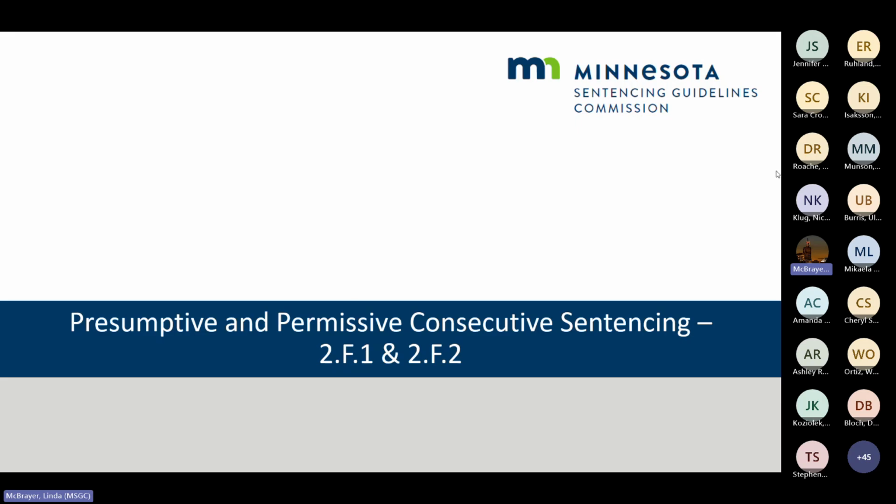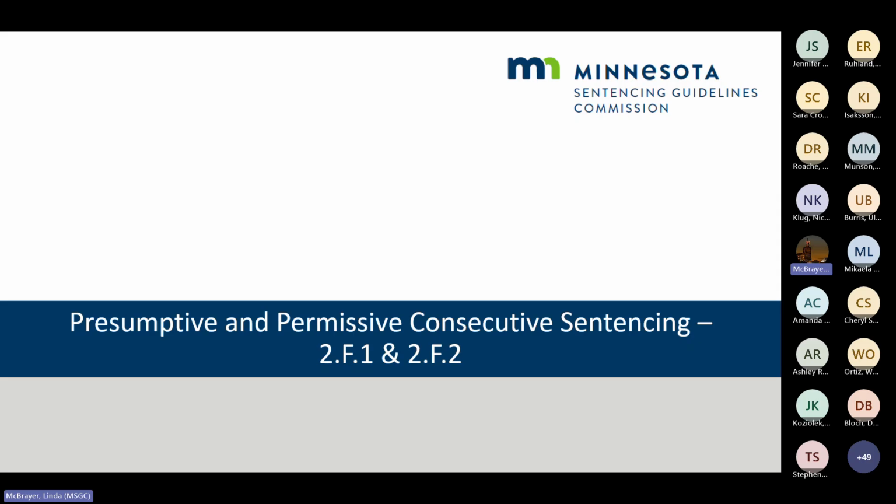So we have two different types of consecutive sentencing in Minnesota. We call the first one presumptive, and the second one we call permissive. When we talk in Minnesota about the presumptive guideline sentence, whenever we're talking about presumptive consecutive sentencing, that is the time that is the presumptive sentence, and any worksheet would be created to reflect that.